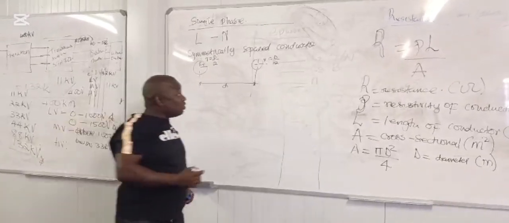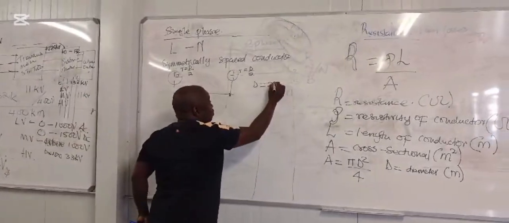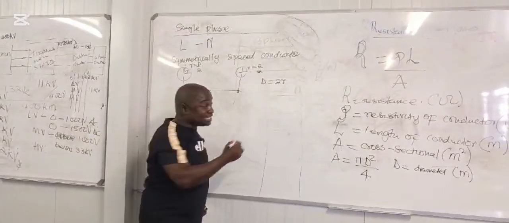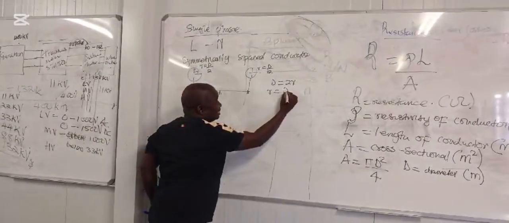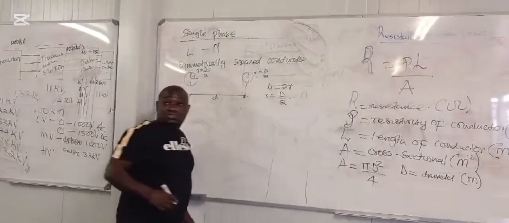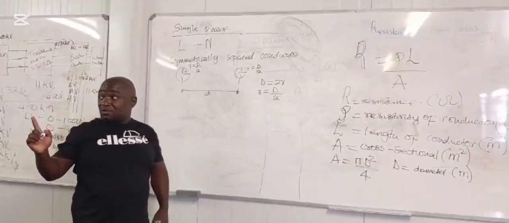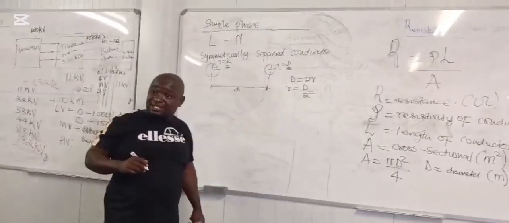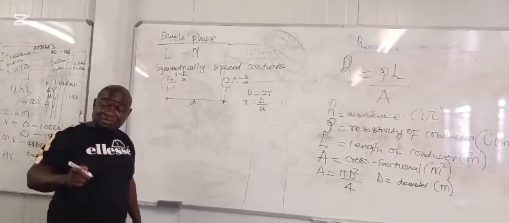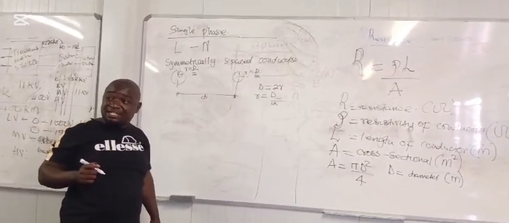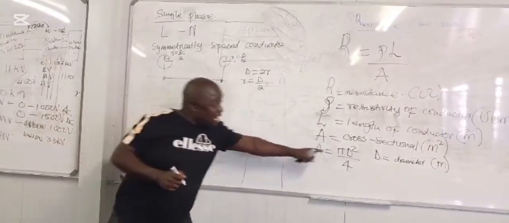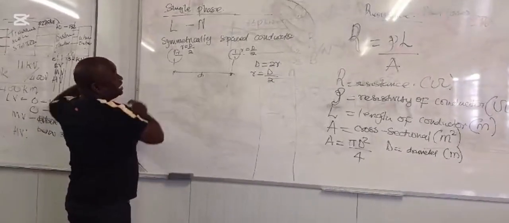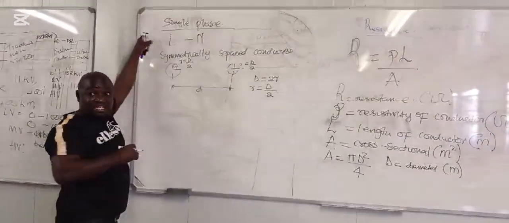We know that the diameter is equal to 2 times the radius, and from there the radius is the diameter divided by 2, provided that the SI unit for this radius must also be in meters. The diameter also will always be in meters, our standard SI unit. Now, that will be for symmetrically spaced conductors for a single phase.